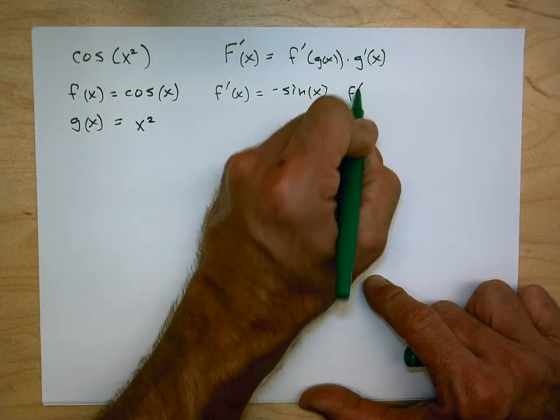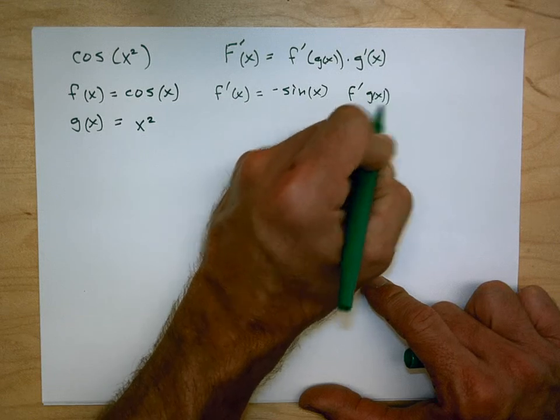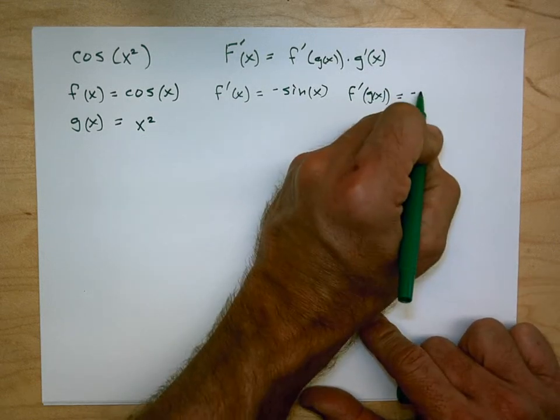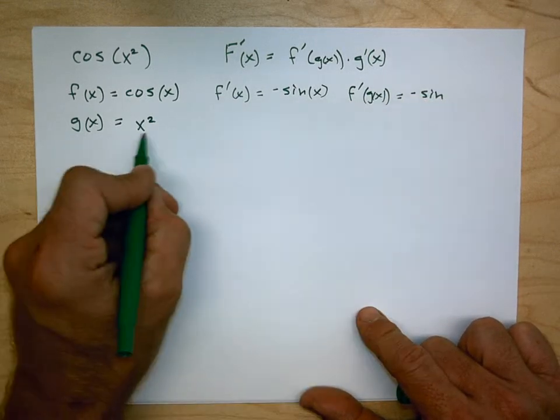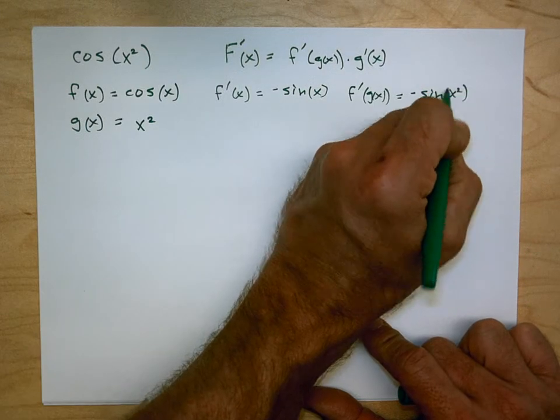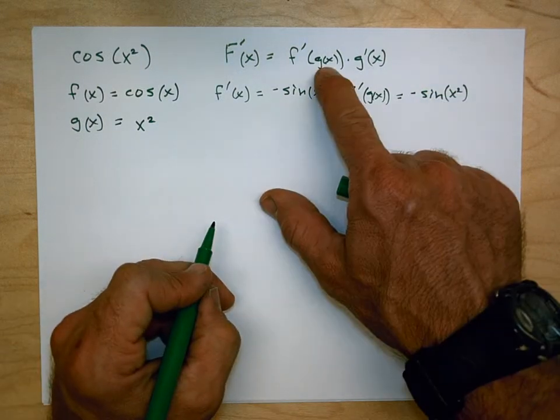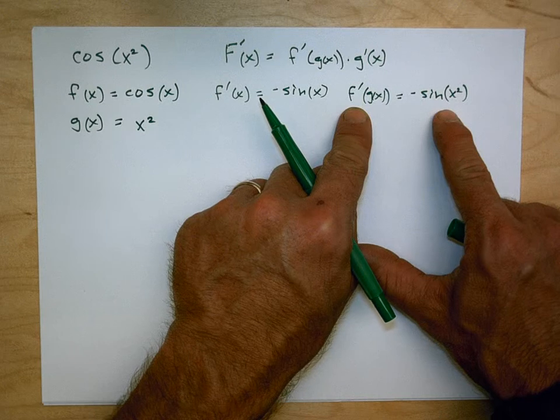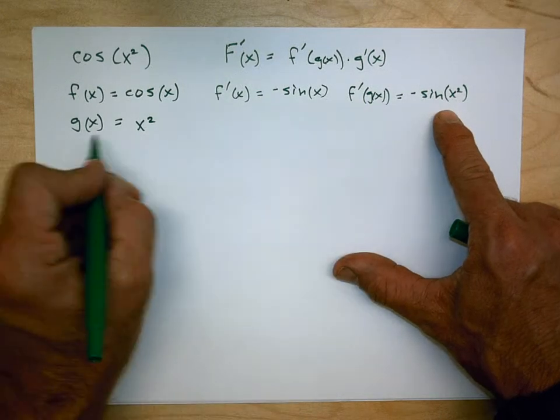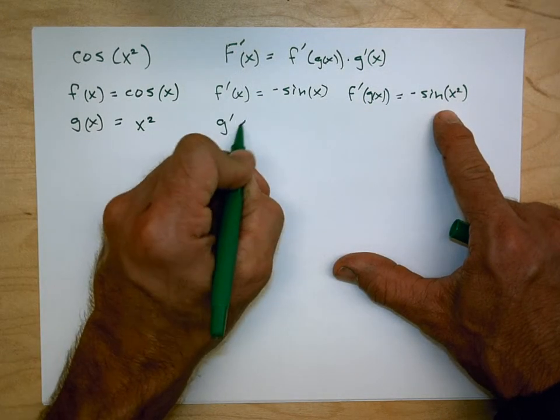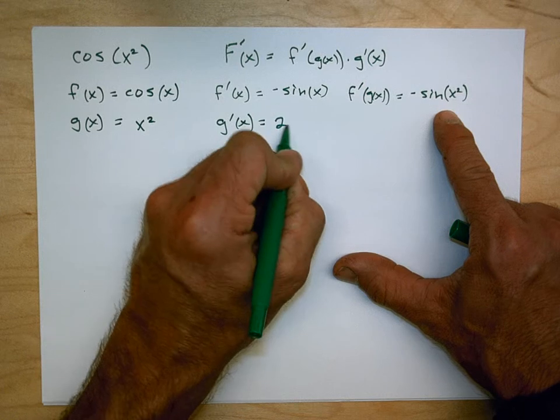So f prime of g of x is negative sine of g of x, which is x squared. That's the first part. My f prime of g of x is negative sine of x squared, and g is x squared, so g prime of x is 2x.